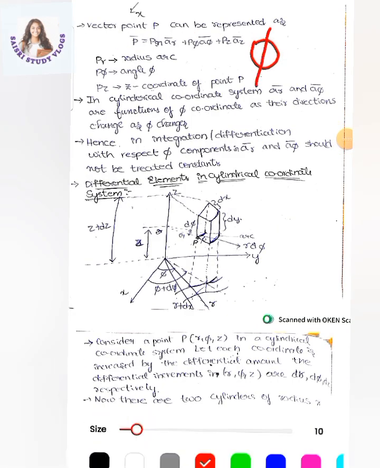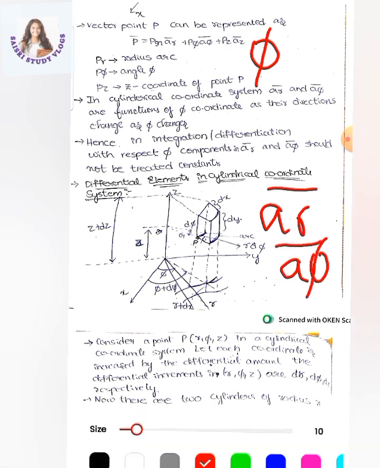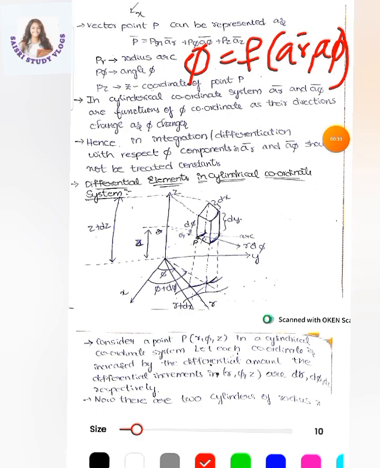When we are doing any differentiation or integration, we should not consider the unit vectors AR bar and A phi bar as constants, because AR bar and A phi bar are functions of phi.